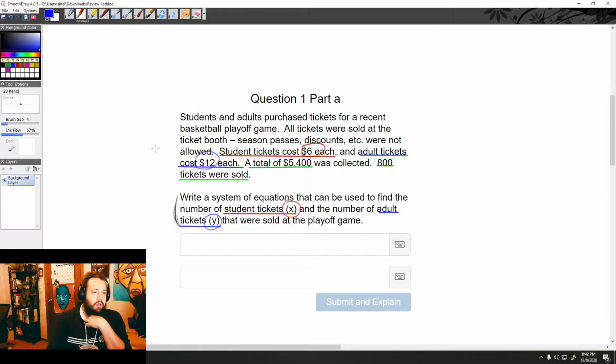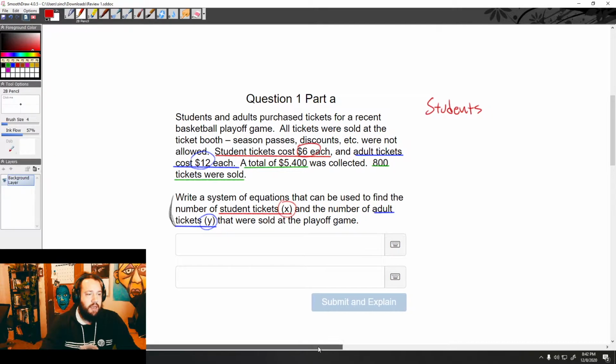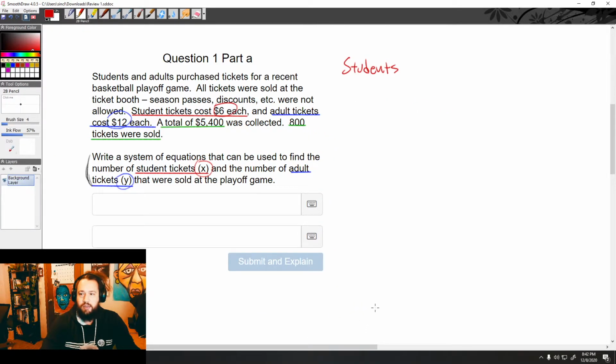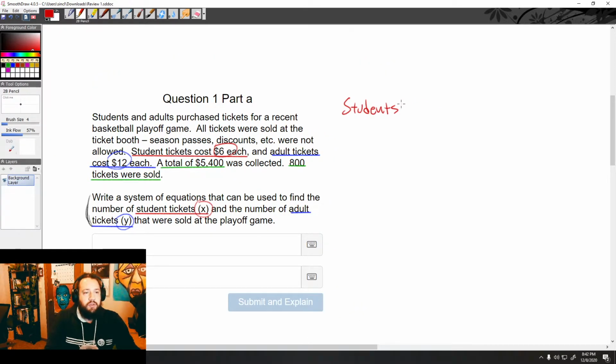We know that for students, we are using an X to represent students here. So the number of students is going to equal my X, and student cost is going to equal $6.